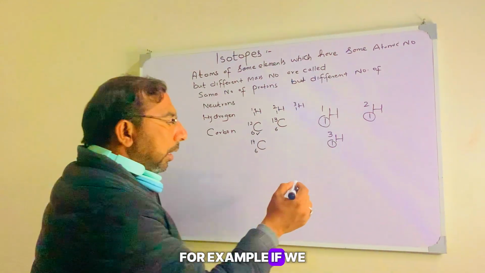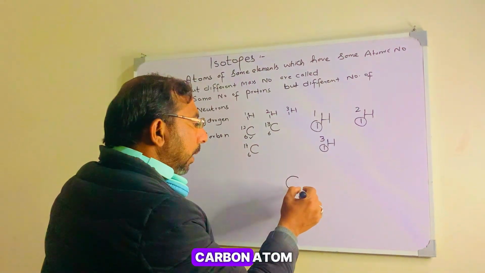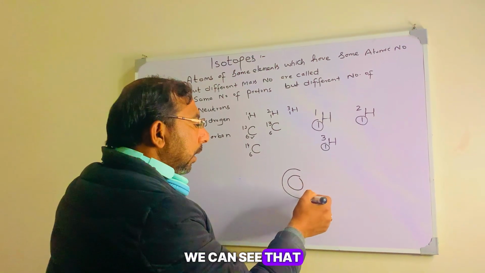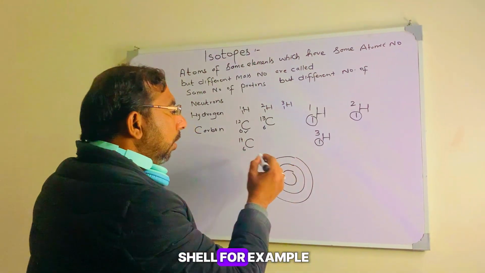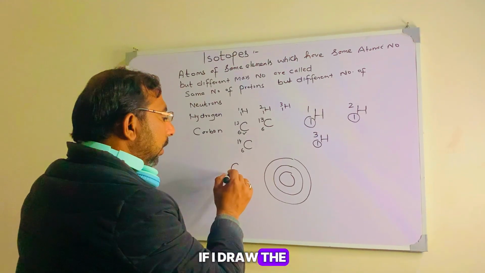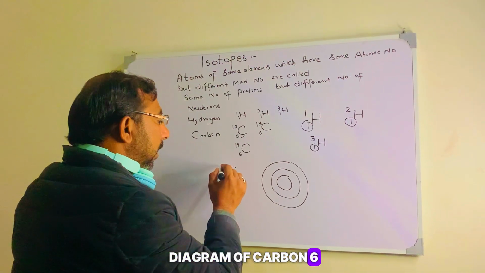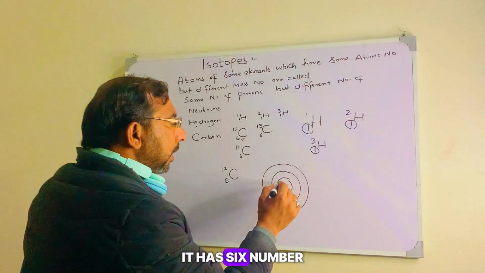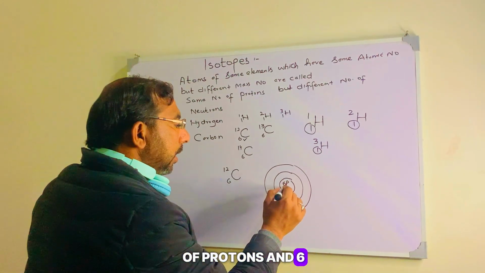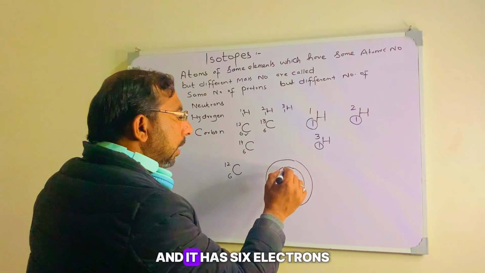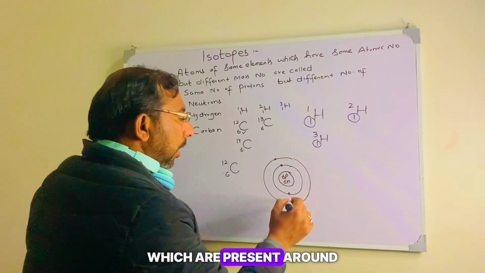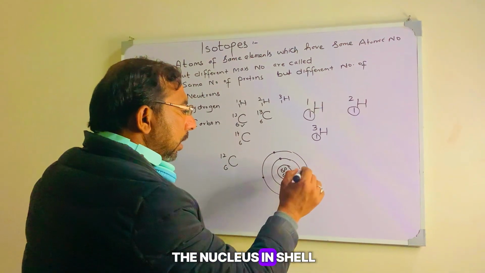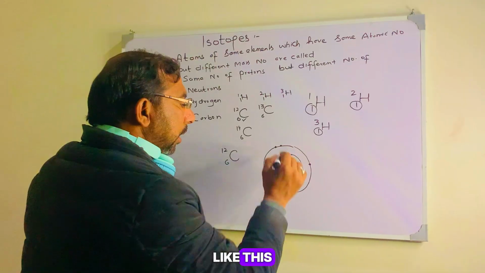If we draw the structure of the carbon-12 atom, it has 6 protons and 6 neutrons in the nucleus, and 6 electrons present around the nucleus in the K shell and L shell.